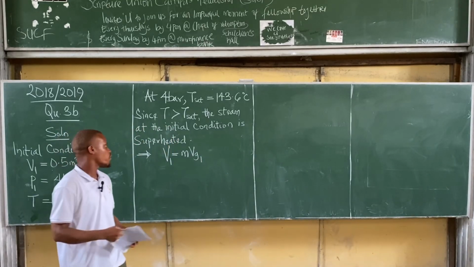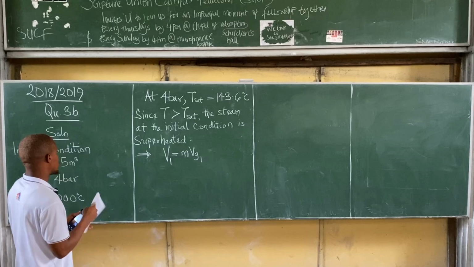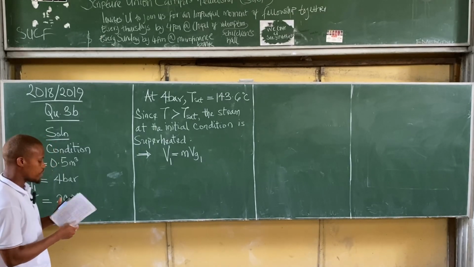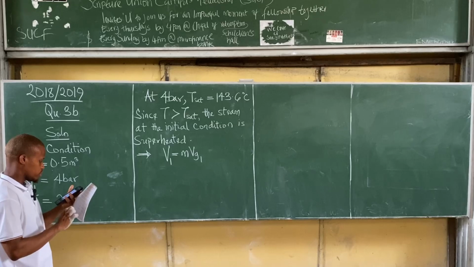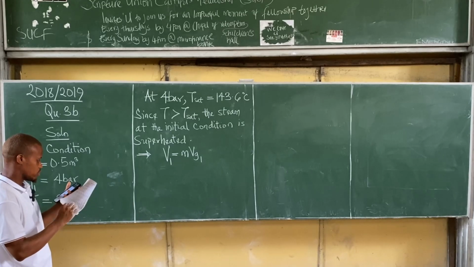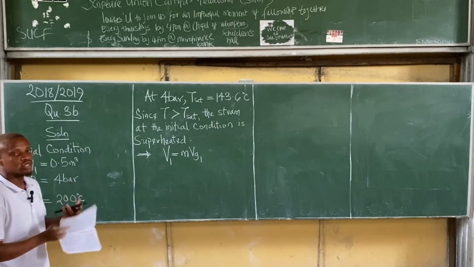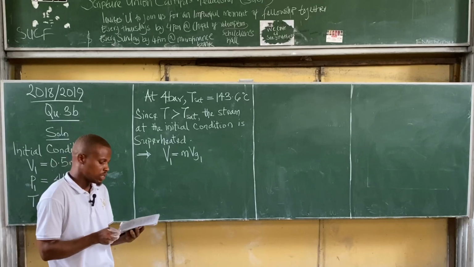So we search for Vg1 at 4 bars in a temperature of what? 200 degrees Celsius, using our superheated steam table.